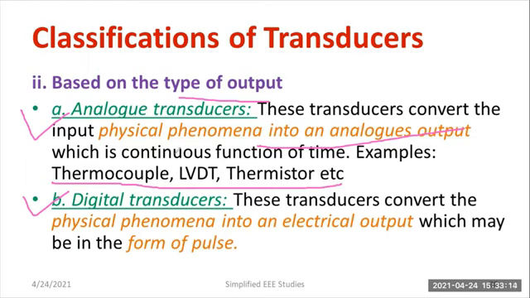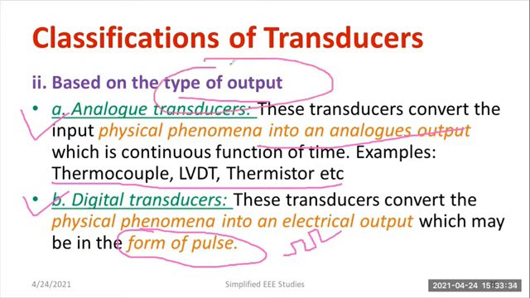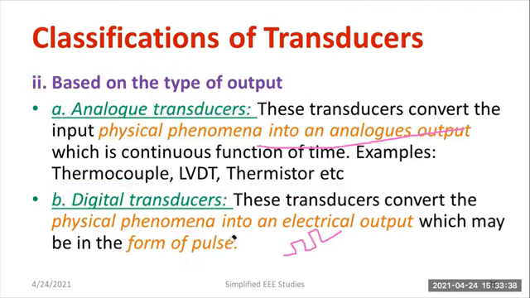If you observe the output of these transducers, it will be purely analog. Digital transducers give the output in the form of pulses. Such kinds of transducers are called digital transducers. So this is according to the nature of output. That is another important classification criterion.